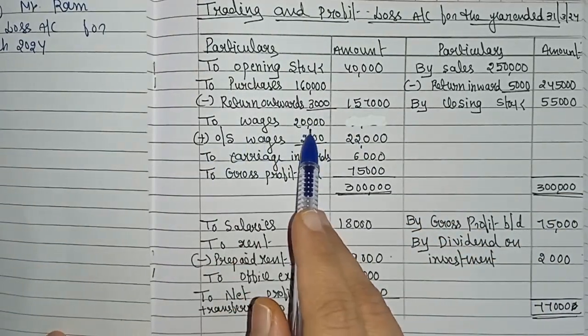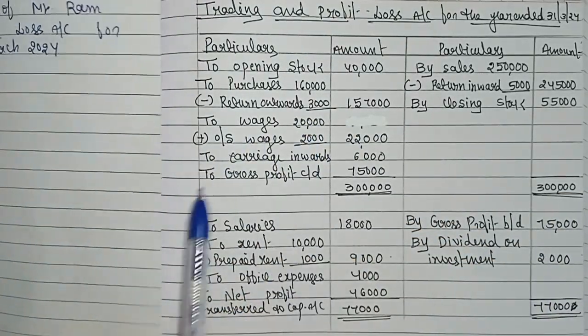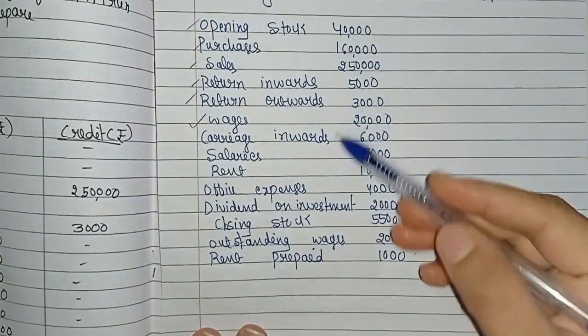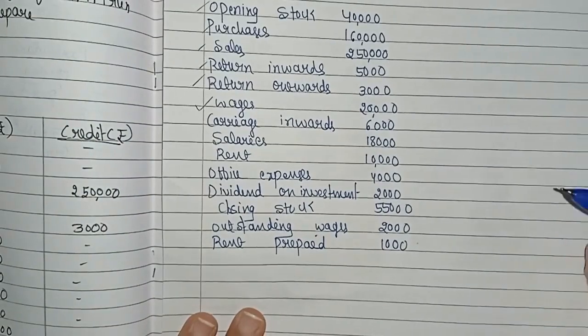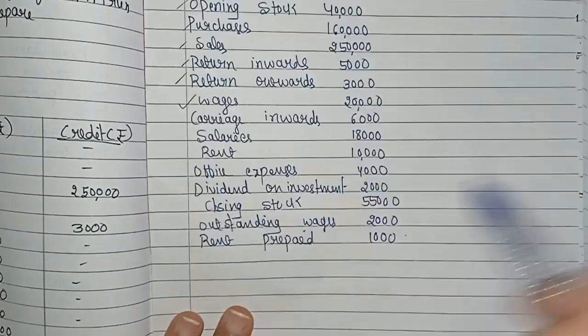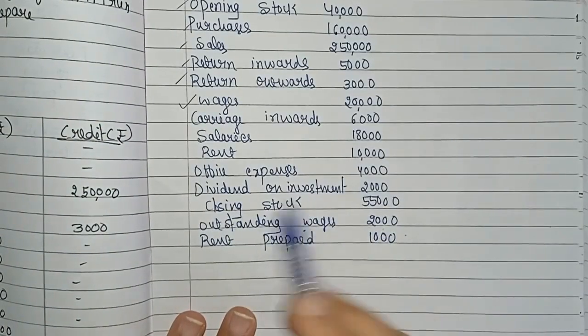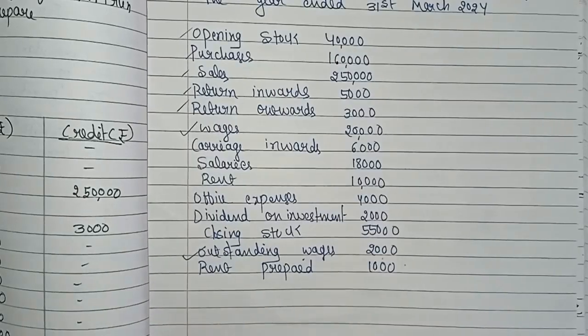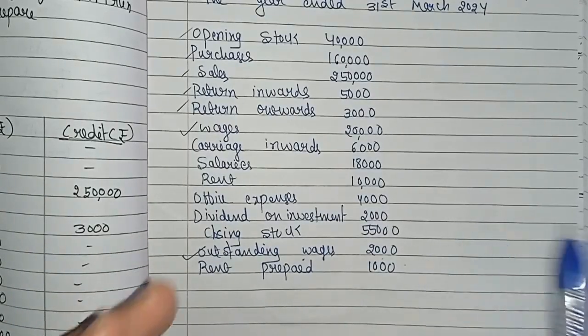So write down to wages, that is rupees 20,000. Now see here, after entering the wages, we have to check if there is any outstanding wages. See here, outstanding wages, how much? That is rupees 2,000. Now outstanding wages means what?